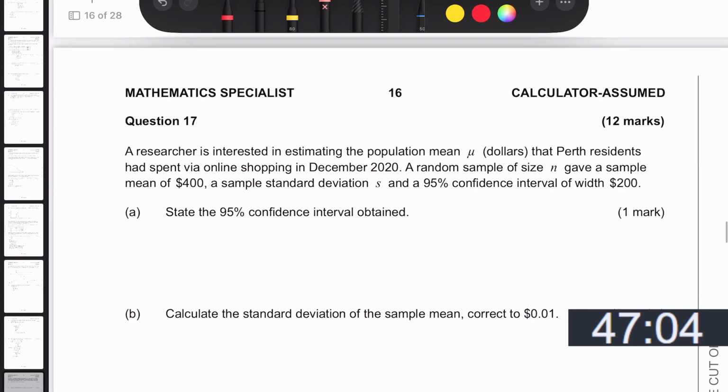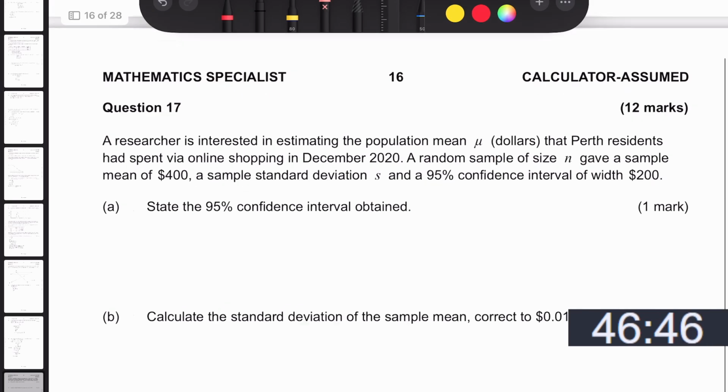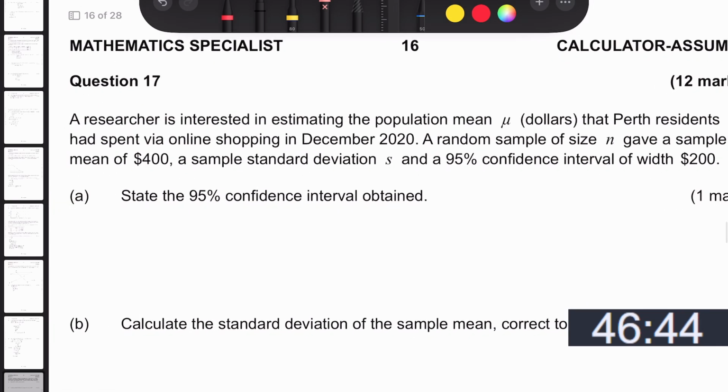Yep. Okay, so 16. A researcher is interested in estimating the population mean residents have spent online via shopping in December 2020. Given a sample mean of 400, a sample deviation, and a confidence width of $200.